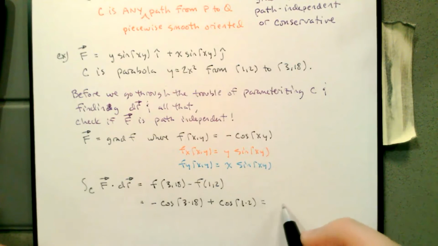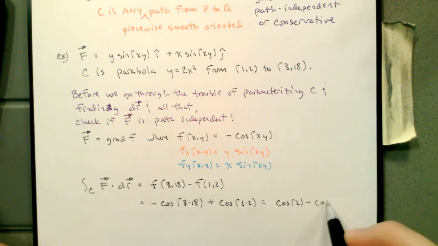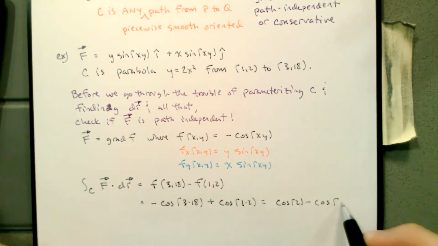So it looks like cosine of 2 minus cosine of 54.